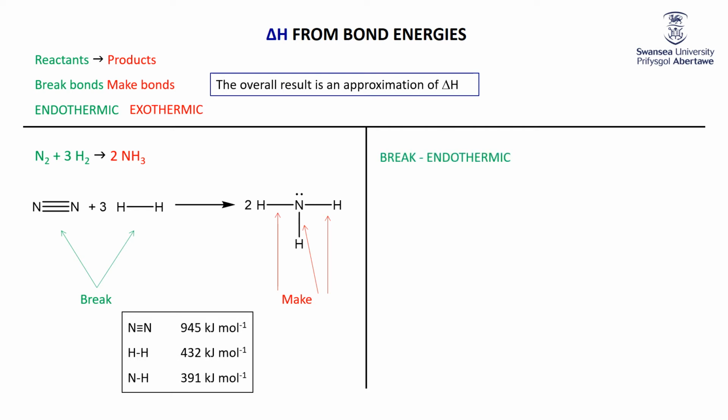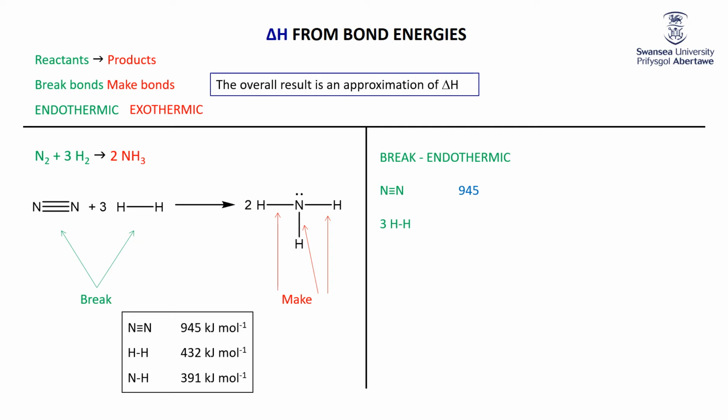So now let's think about what we're doing. We have to break a nitrogen-nitrogen triple bond because there's a nitrogen-nitrogen triple bond in the reactant but not in the product. And that's going to need 945 kilojoules. We've also got to break not one but 3 hydrogen-hydrogen bonds. So that's 3 moles of hydrogen-hydrogen bond when we look at the stoichiometry of the reaction.